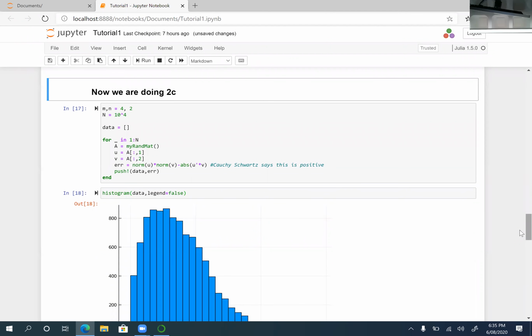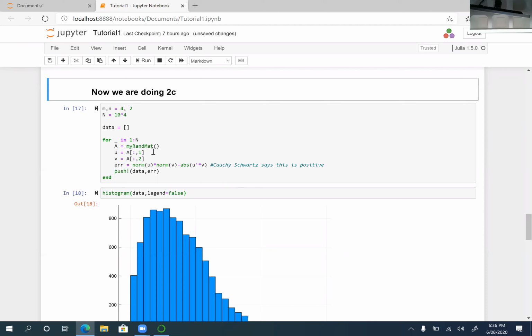In 2C, what you're doing is you're generating a 4x2 random matrix, and you're constructing an array of data, in this case, 10 to the 4 random matrices, 4x2 matrices, from which we're pulling out the first and second column respectively, calling those U and V. So here you can see U equals A colon, comma, 1, with square brackets around that.